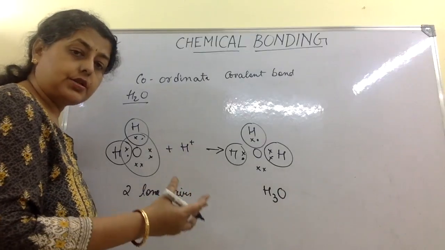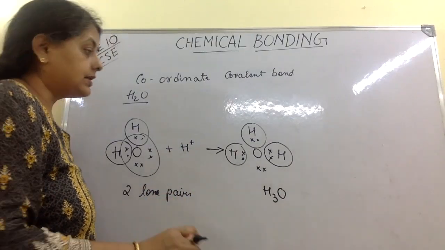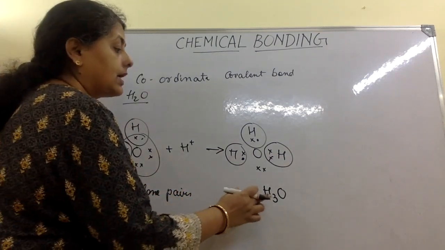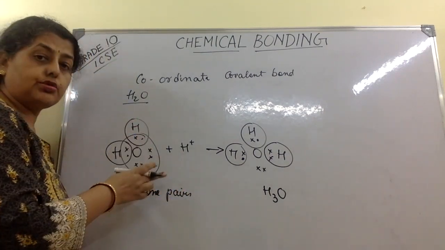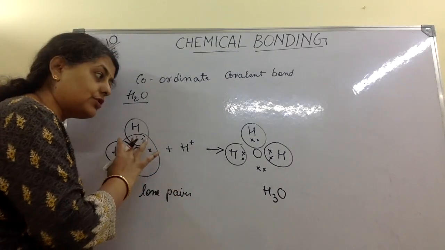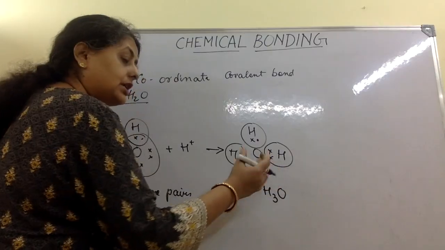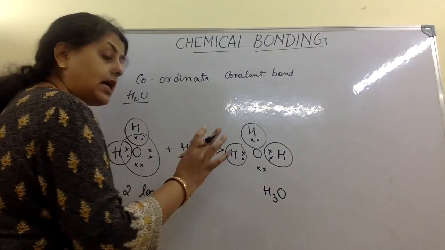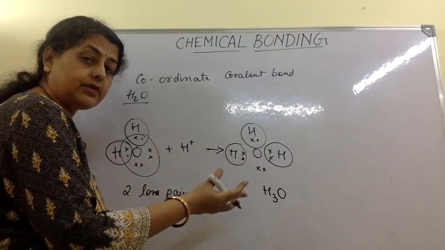Why is it charged? Let us see why. Water was neutral. The number of protons was equal to the number of electrons, so it was neutral. Now when this hydrogen came, it came with its own proton, and it didn't have an electron to balance it. It didn't give any electron.